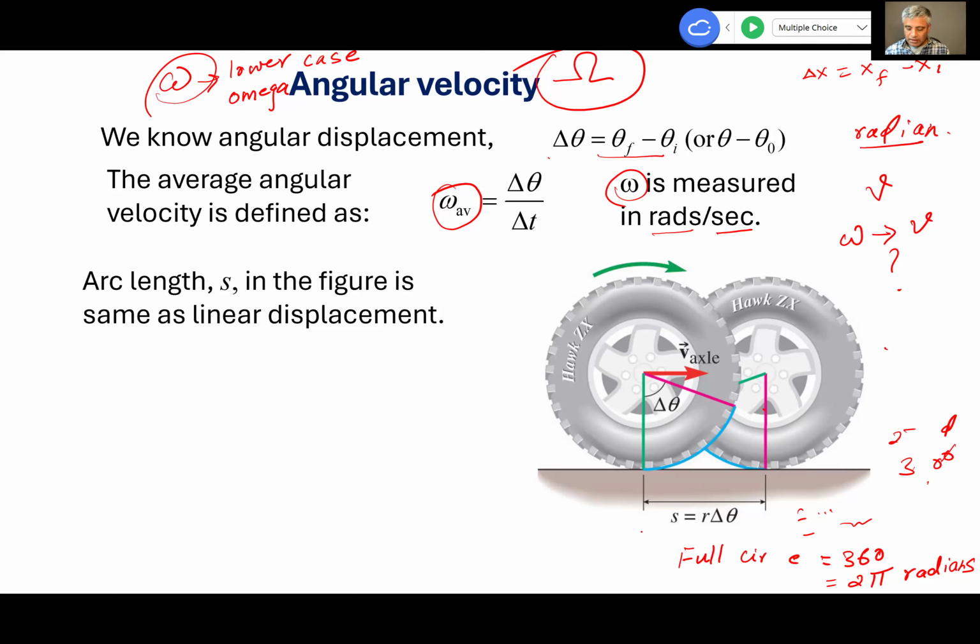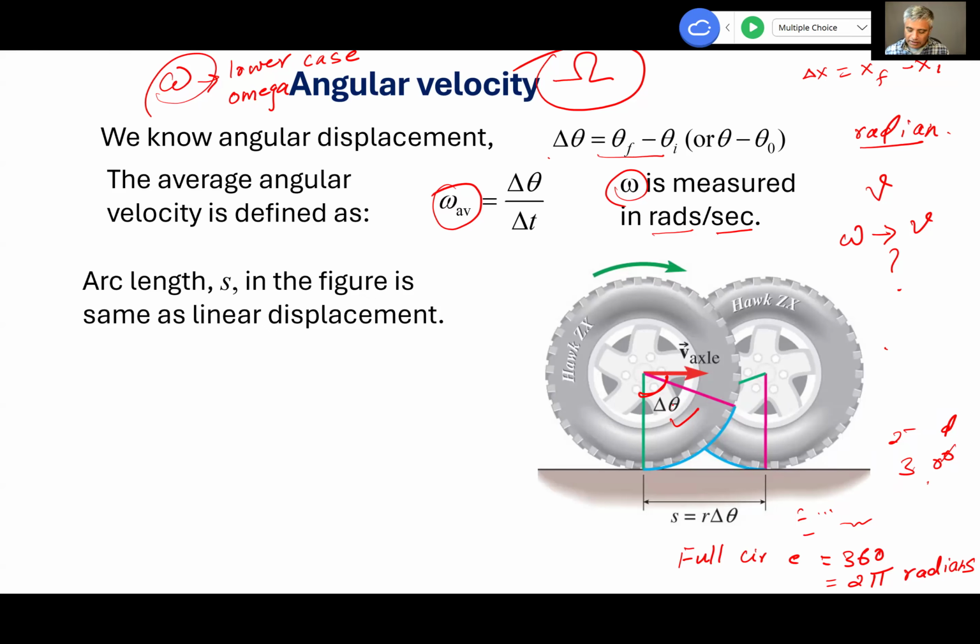For example, you start the tire from here. So the tire originally was there. And then what happened? You rolled it. Because of that, it arrived here, right? So now the point that was over there has arrived here. So what angle did it go through in that rotation, right? So that is the angular displacement.